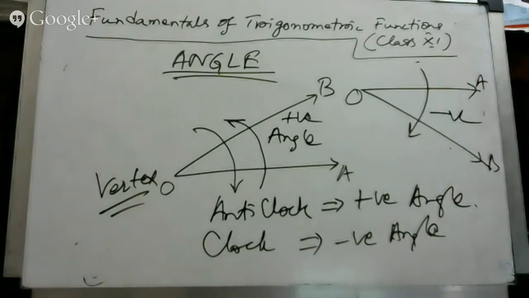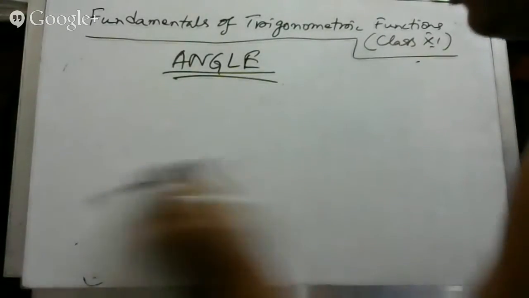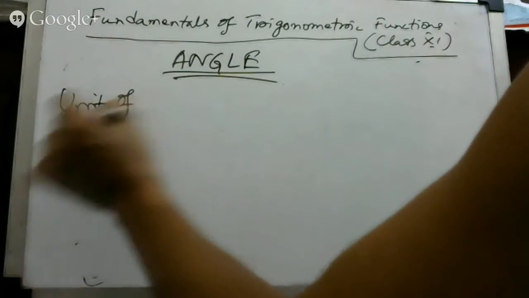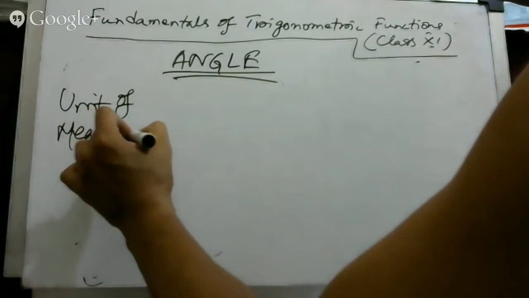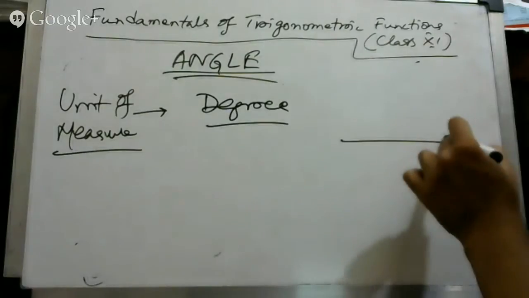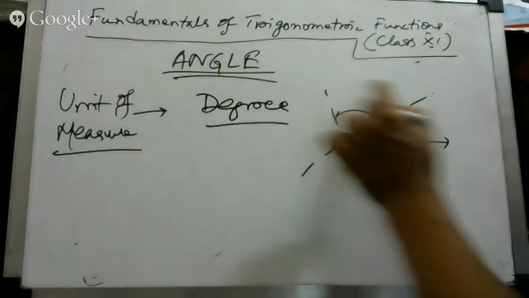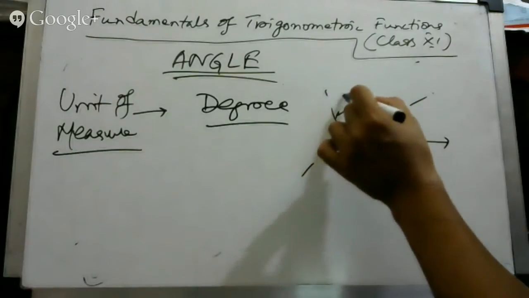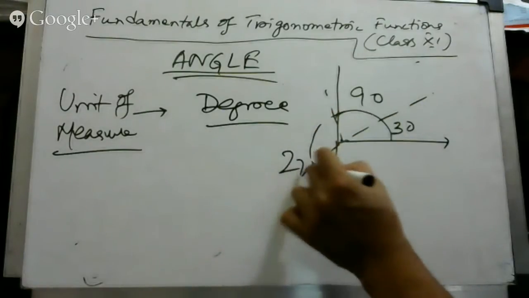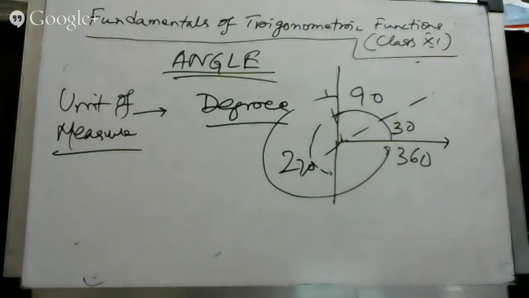Now we need to understand the units of measurement of angle. There are two ways we can measure. One is called degrees. Whenever an angle moves from here to here, it can be measured. So this is 30 degree, this is say 90 degree, this is 270 degree, and when it rotates completely, it is called 360 degree.